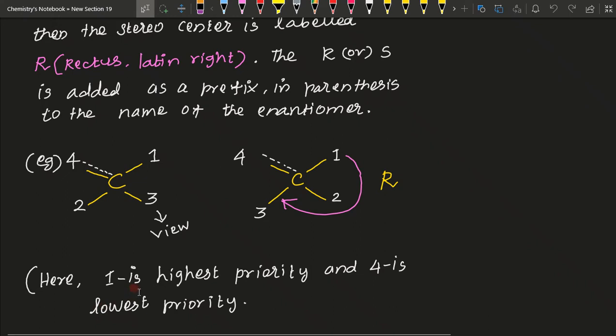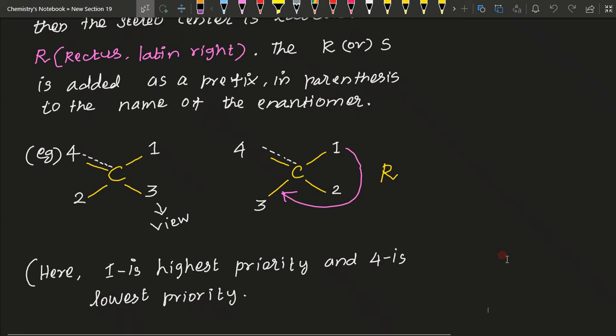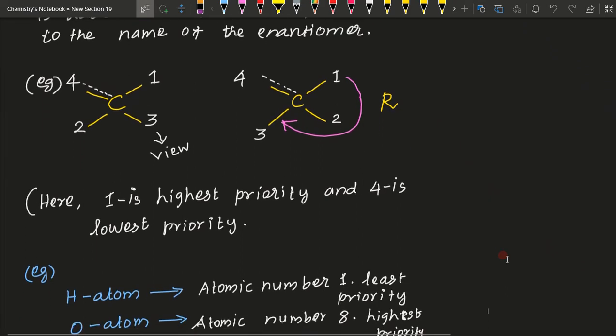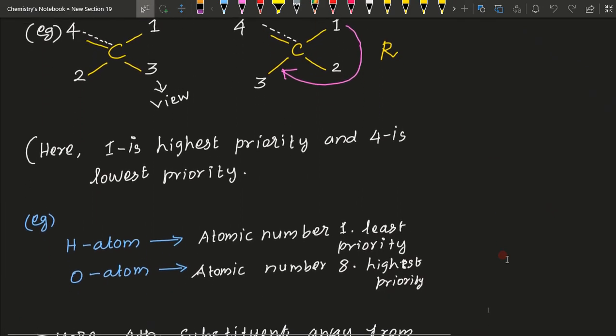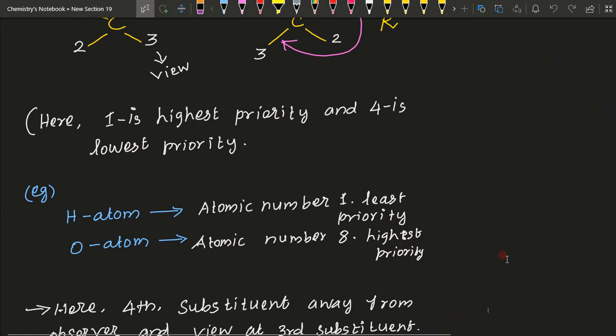Here 1 is the highest priority and 4th is the lowest priority. Lowest priority means H atom, hydrogen atom. Highest priority may be oxygen, carbon, like this. Next example: here H atom, atomic number 1, is the least priority.